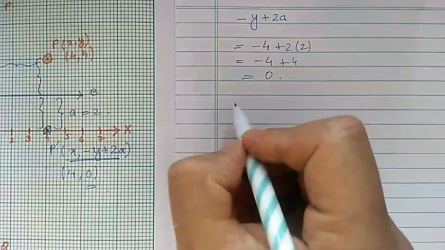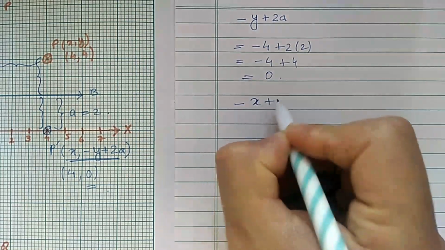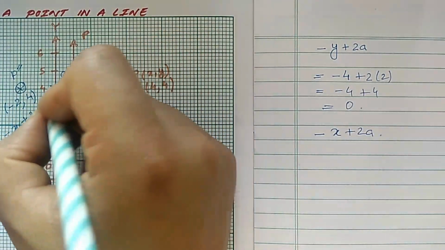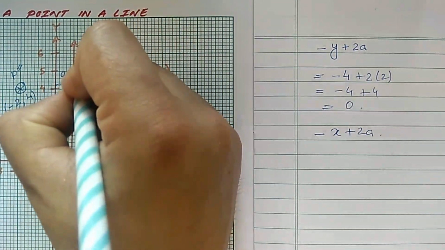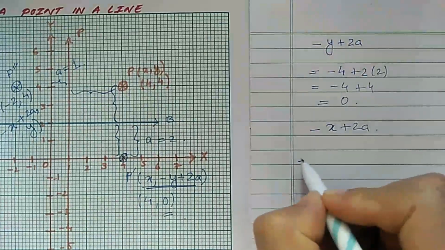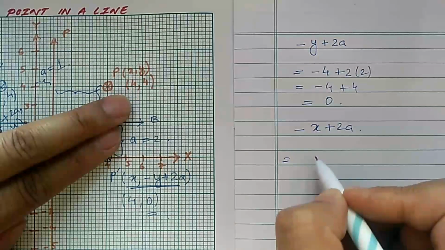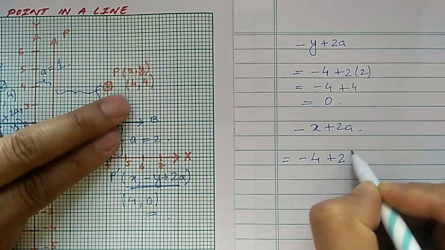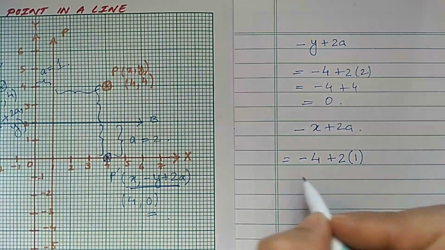Now let's verify. So you have minus x plus 2a. What is the value of a here? Since this distance is only 1, the value of a here is 1. And the value of x is 4. So minus 4 plus 2 into 1. So how much do we get?